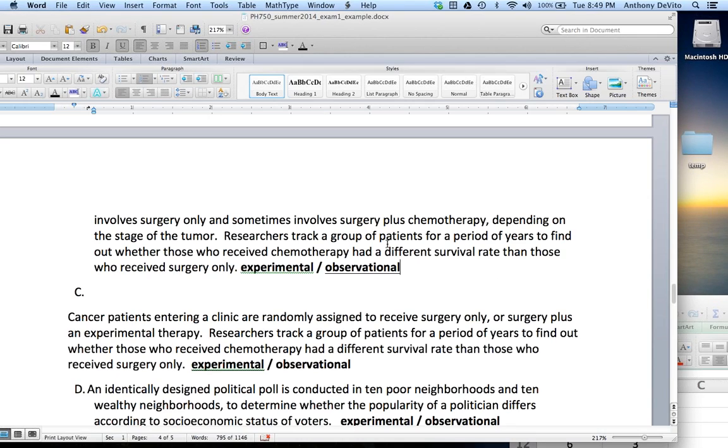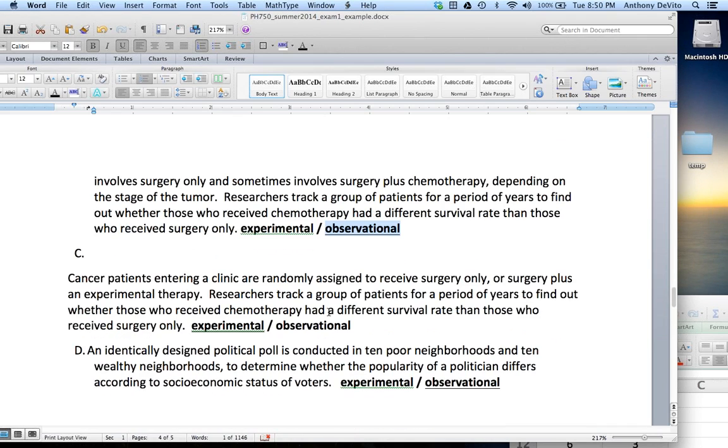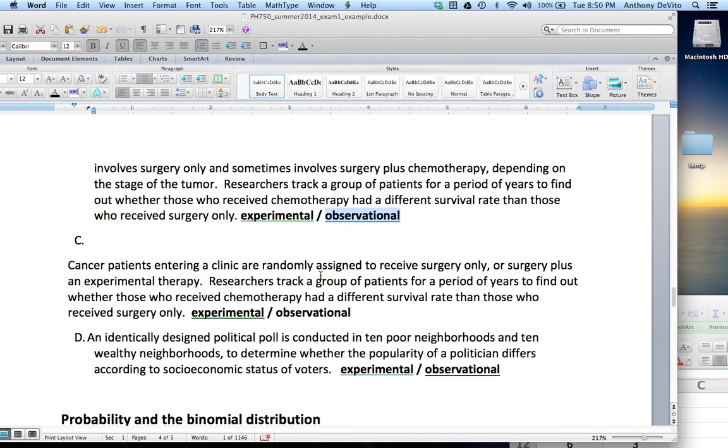This is tricky. Well, I guess it's not so tricky. It's observational because it would have been experimental if you randomly selected the patients and chose you get surgery only, you get surgery and chemotherapy, and you split them up randomly into groups. That would have been experimental. But this is you're just observing what happened based on their treatment.